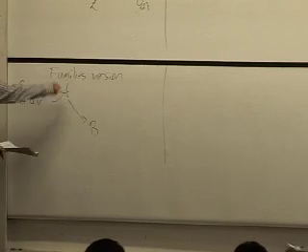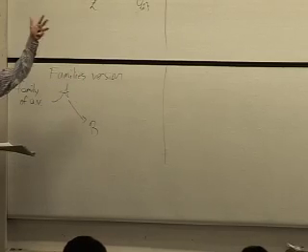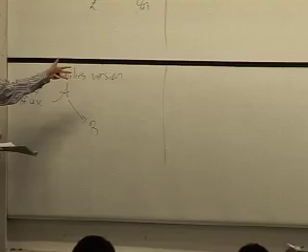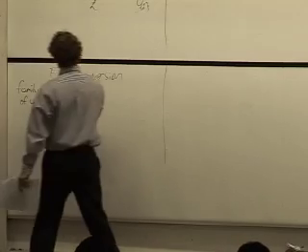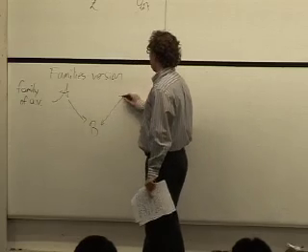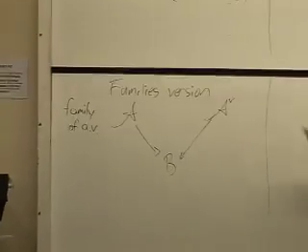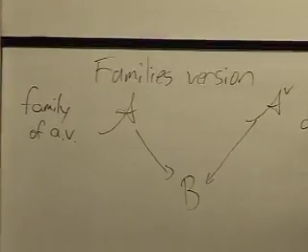What can I do? I can look at the fiber-wise dual. So each fiber is an abelian variety, and I can look at characters on each fiber. Or if you think of this as a family of complex tori, I could just take the family of dual tori. So this is the collection of dual abelian varieties, the dual family.